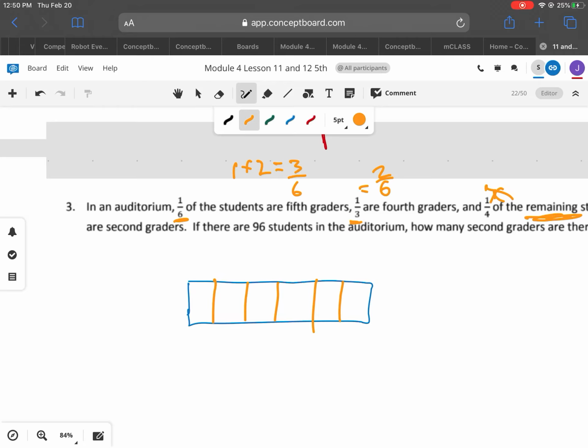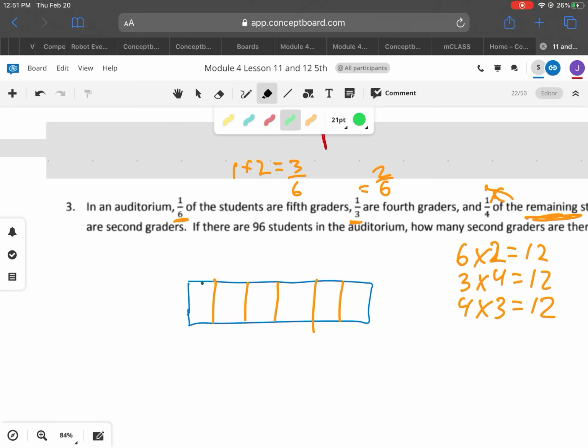Okay? What do 4, 6, and 3 all have in common though? They all have 12. So I can do this into 12.